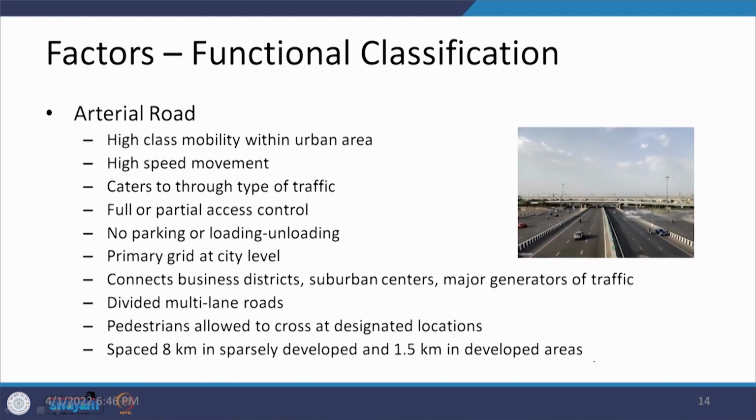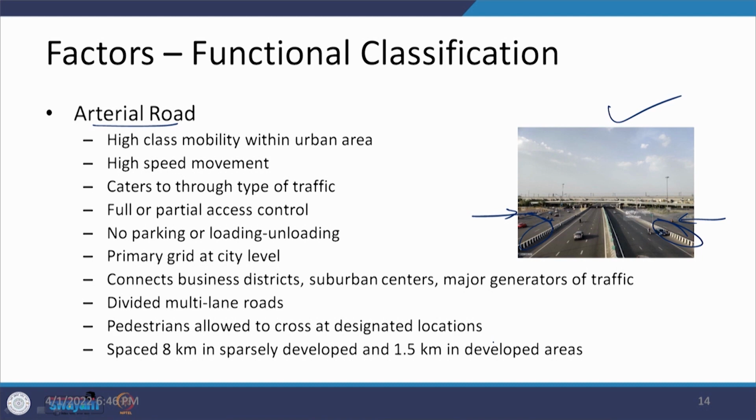When we come to the urban road classification, the very first thing at the top is the arterial road. As you can see in this photograph, it is a divided facility where no other traffic is there, and the traffic which is local in nature on this side as well as on this side has been separated out by providing a raised median on the two sides.